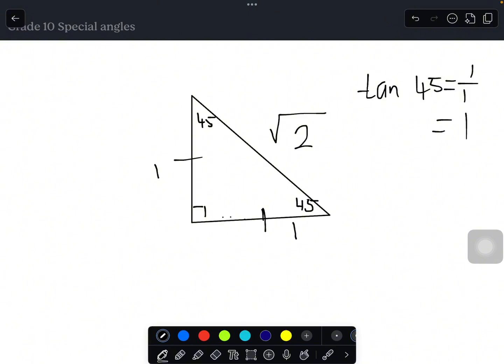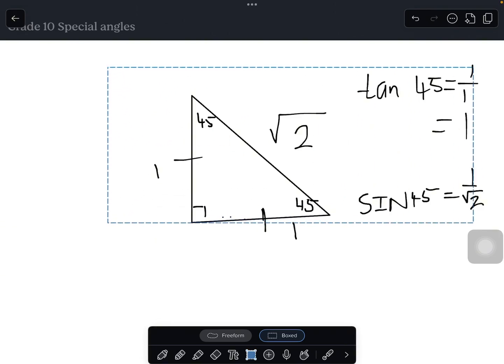And if I wanted to know what sine of 45 was, I'll go my opposite over my hypotenuse, which would be 1 over root 2. You get the idea.